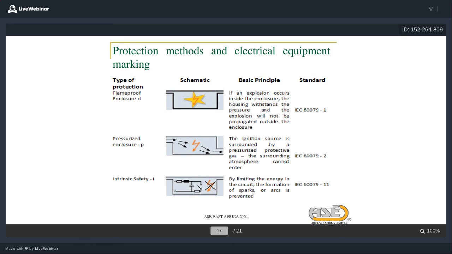The International Electrotechnical Commission standard 60079-2 tells you the minimum requirement for the pressurized enclosure. Intrinsic safety. This limits the energy in the circuit, and the formation of sparks or arcs is prevented.